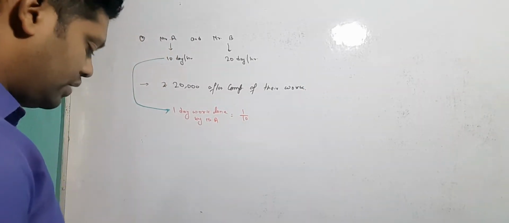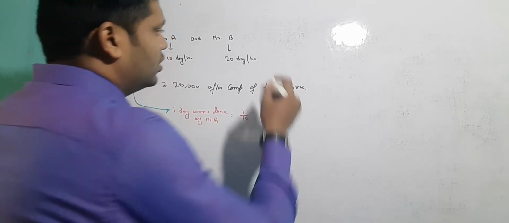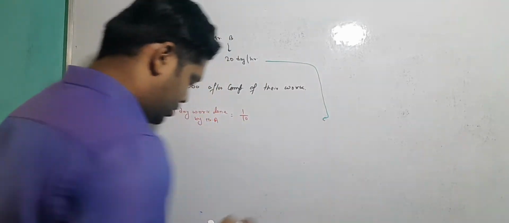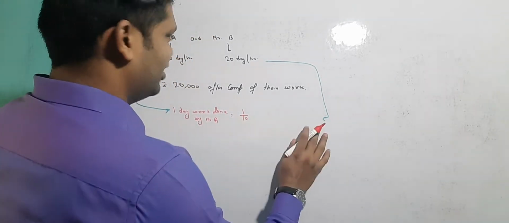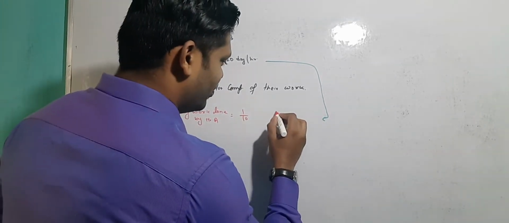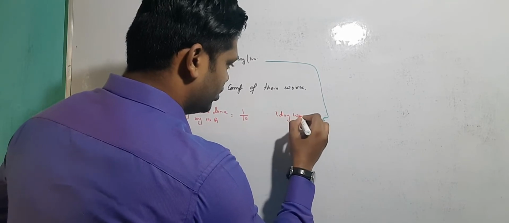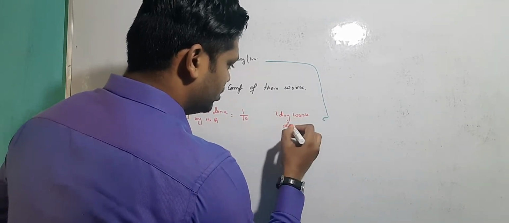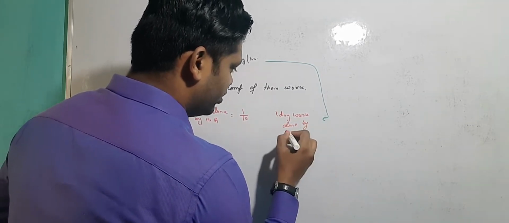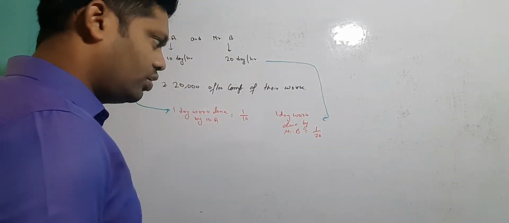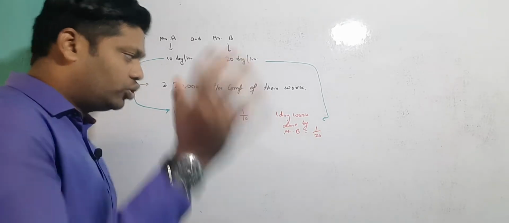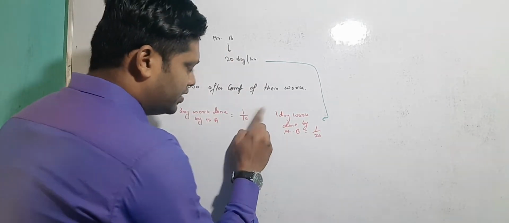And what about Mr. B? 1 day work done by Mr. B is 1 by 20. It means of the total work, one part is done.